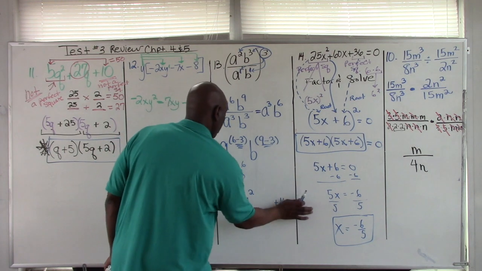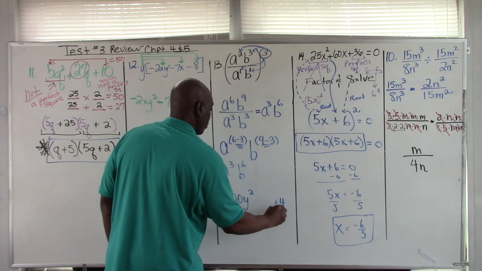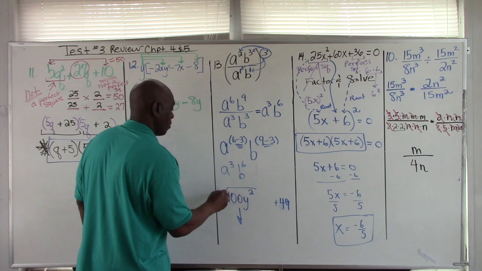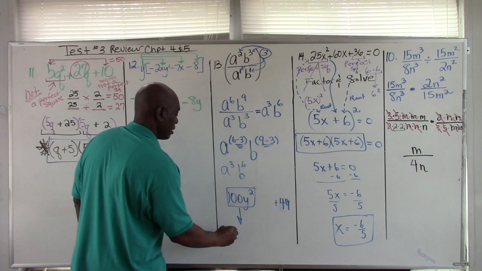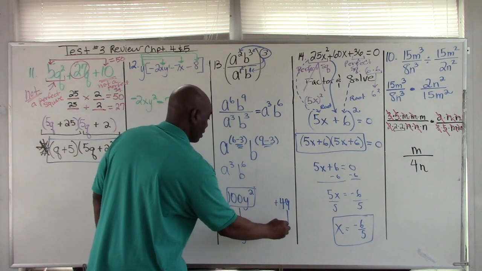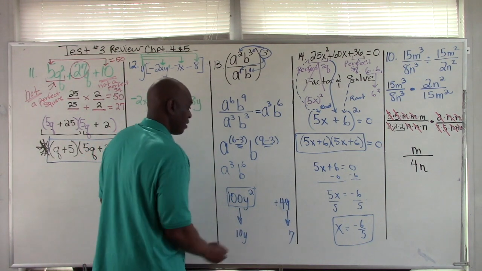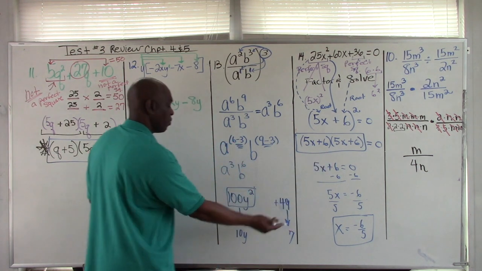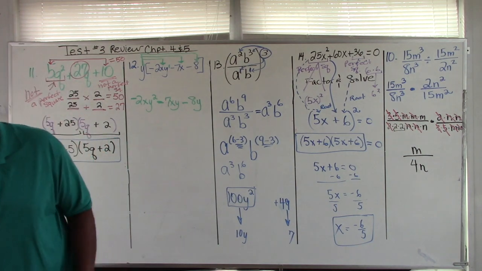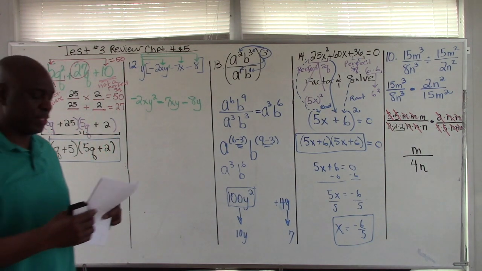Well, let's not go 16, let's go 49. Plus 49, I know the root of this, since this is already perfect, the root of it is 10y. And the root of this, since it's perfect, is 7. And then that's what I would use right here, 10y and 7. All right, that's 14. 15.